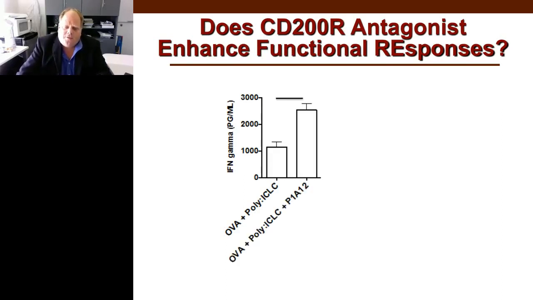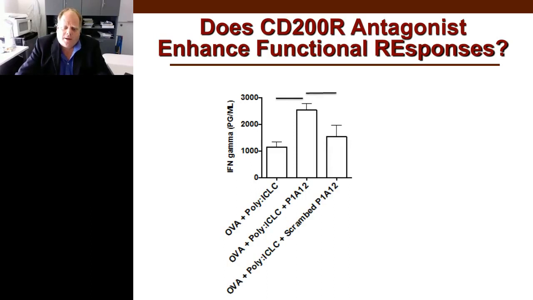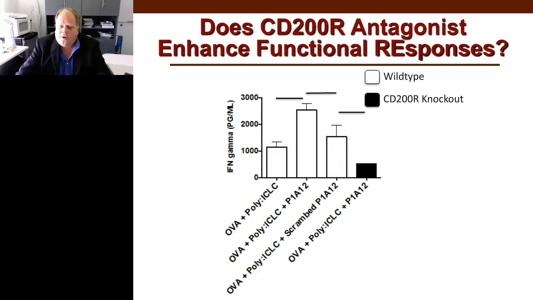But if you add our antagonist, you get a significant enhancement in immunogenicity. You don't get this if you use a scrambled CD200R antagonist. This is just our in-house nomenclature for it. Nor do you get it if you use CD200 receptor knockout animals.